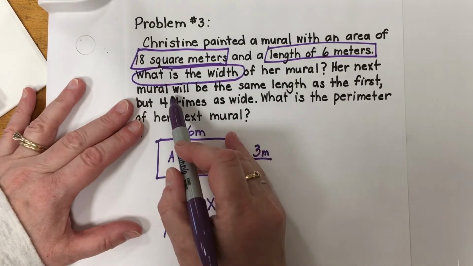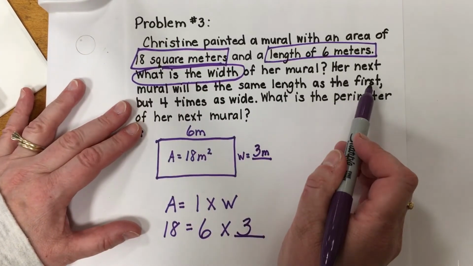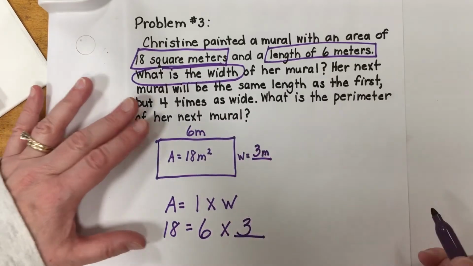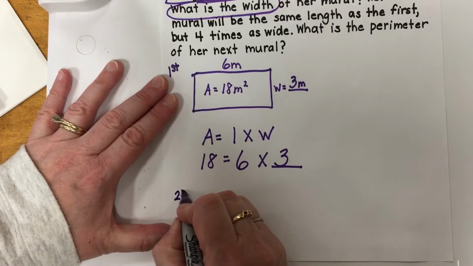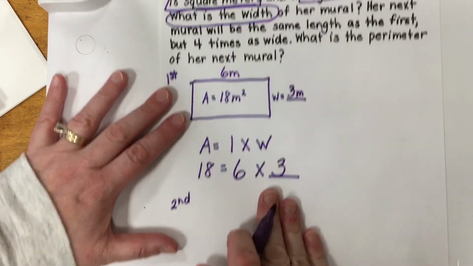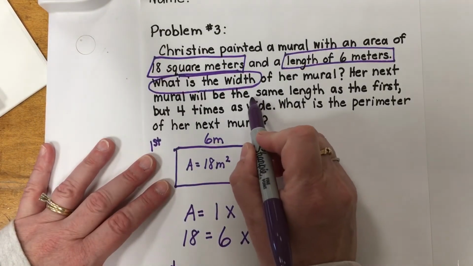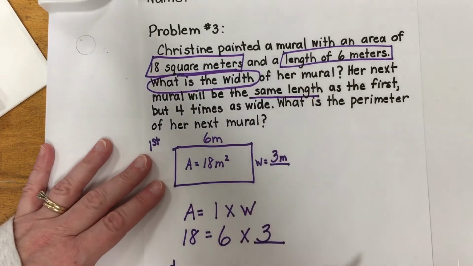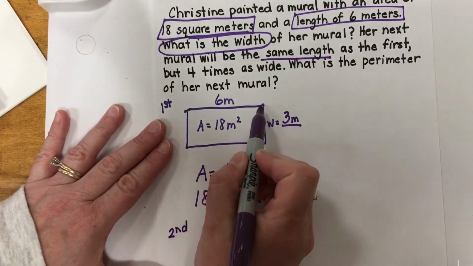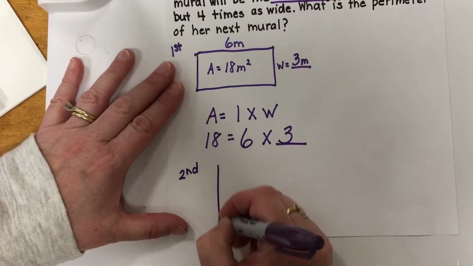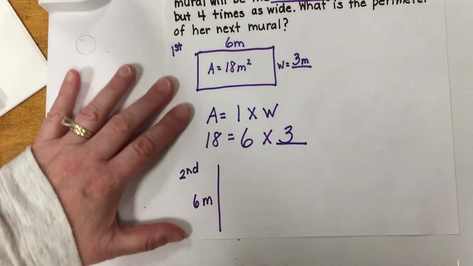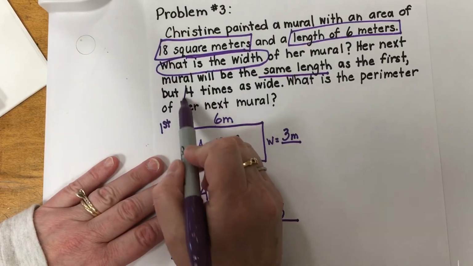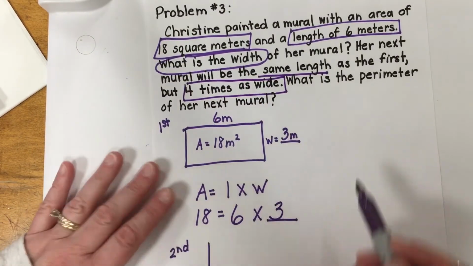Now, we're not done though, because there was more to the question. It says her next mural will be the same length as the first, but 4 times as wide. So I'm going to come down here. It's the second. So it's the same length. So my length was 6. So that's what I'm going to label. But it's 4 times as wide.